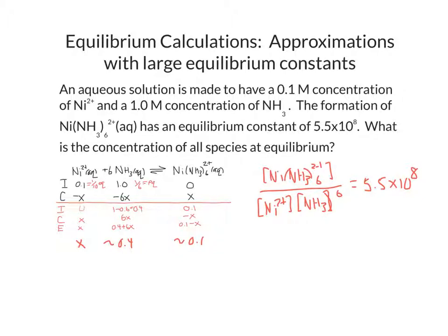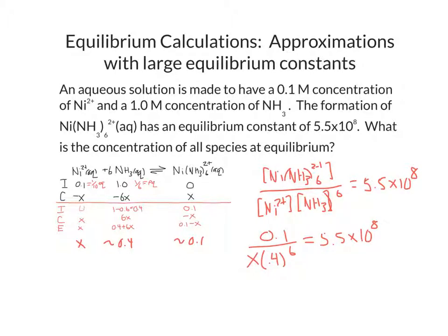And so now, with this approximation, with the way in which we have set this problem up, I can substitute in my equilibrium concentrations, and I can see that I end up with 0.1 divided by X times 0.4 quantity to the 6th is equal to 5.5 times 10 to the 8th.